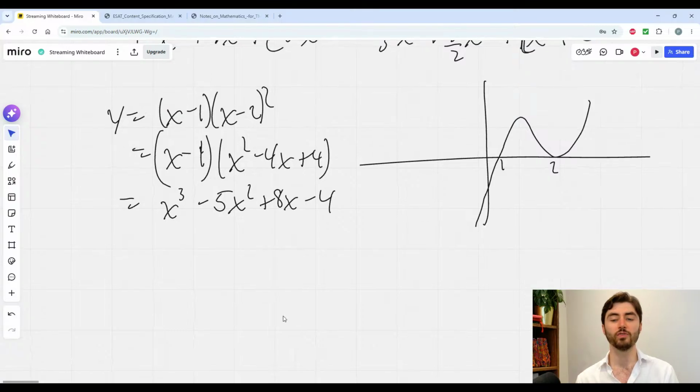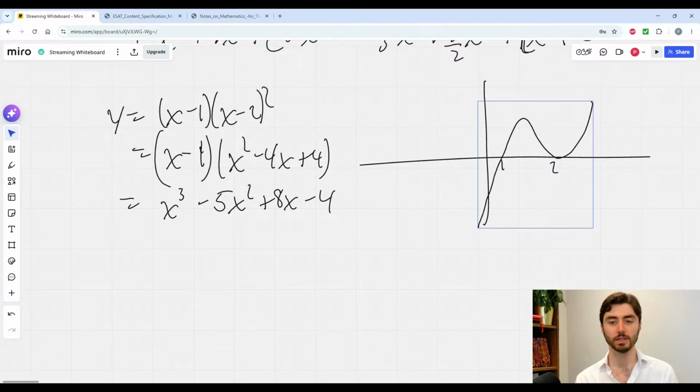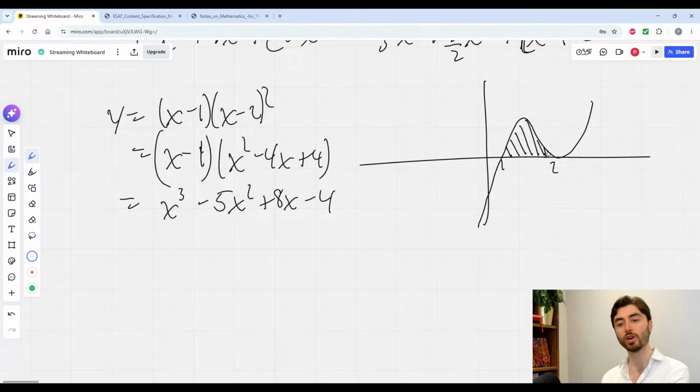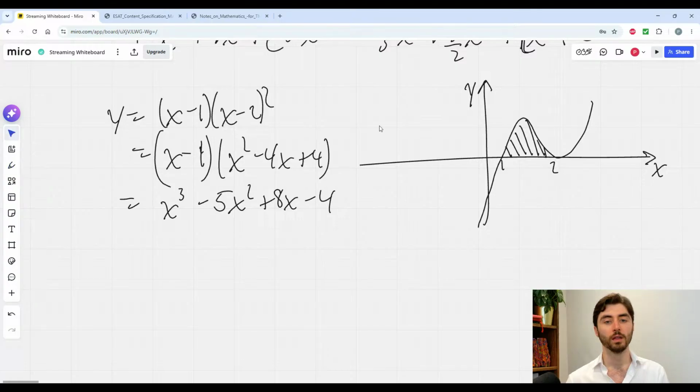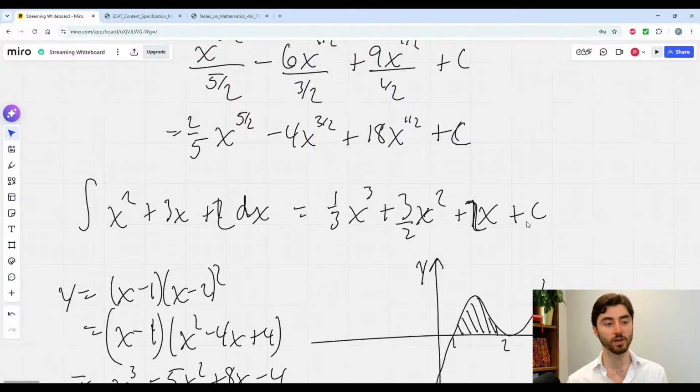So here, if we want to find this area, integration is how you find the area under a curve between the curve and the x-axis. So in this case, we want to find the area between x equals 1 and x equals 2. This form of integration we've done so far is called indefinite integration, which just finds you general expressions, but it does not find us that plus c.